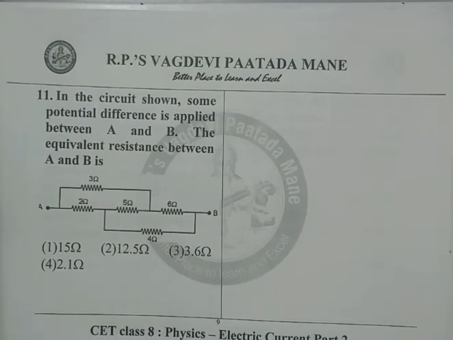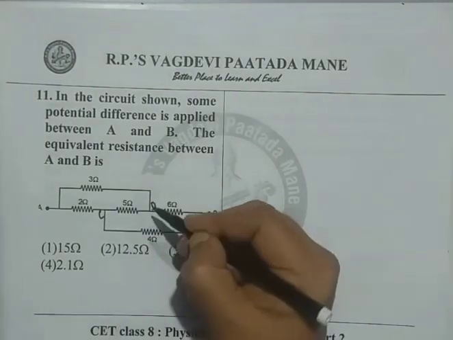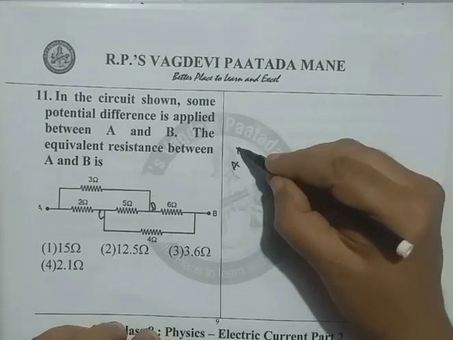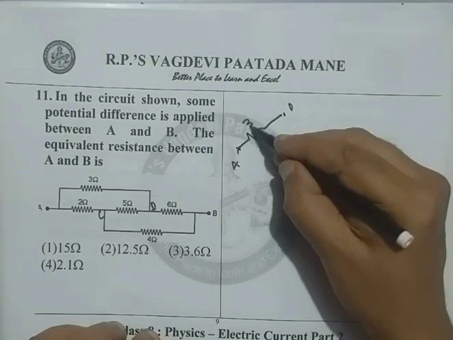So coming over to the 11th question here, in the circuit shown, some potential difference is applied between A and B. The equivalent resistance between A and B is, observe, this seems to be a little bit tricky circuit, but it is nothing but a Wheatstone's network. If we want, we can call these 2 points as C and D, and we write A to D, a resistance of 3 ohms.